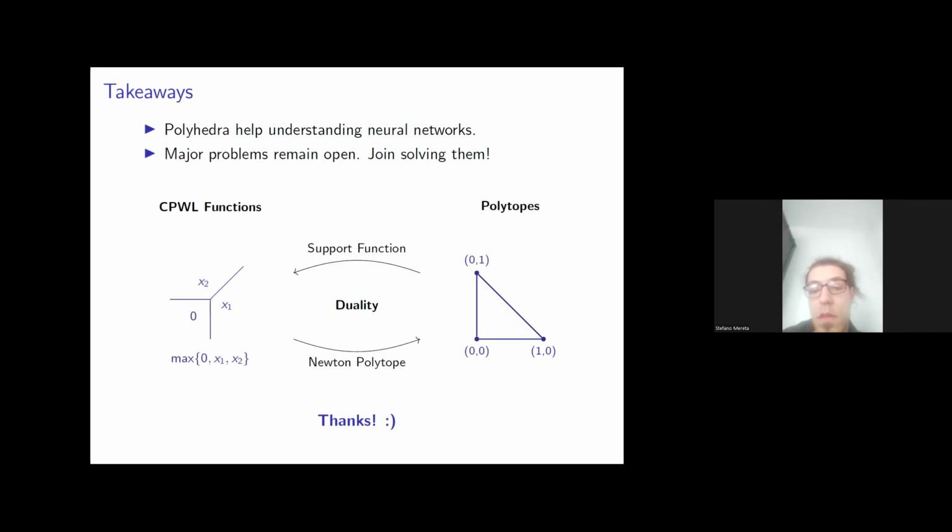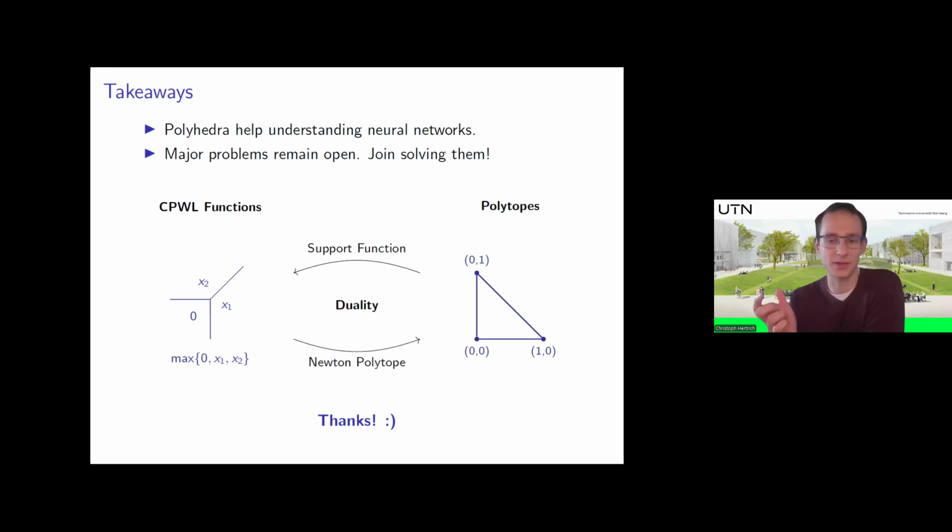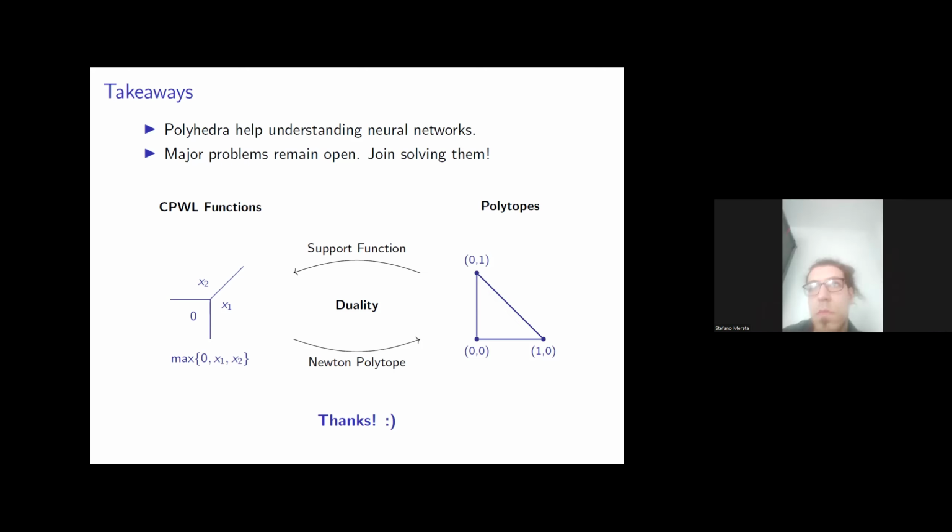Exactly, yes. Either you do something that is very compatible with Minkowski sums, but then this convex hull operation is really weird and messes up everything, or you do something that behaves nicely with the convex hull operation, but then the Minkowski sum is really weird and messes up everything. Actually, exactly what I was thinking was, if I take two functions that are realized by the same neural network, if I'm not wrong, in general, I can always bound the number of monomials appearing in a representation as a ratio of polynomials.